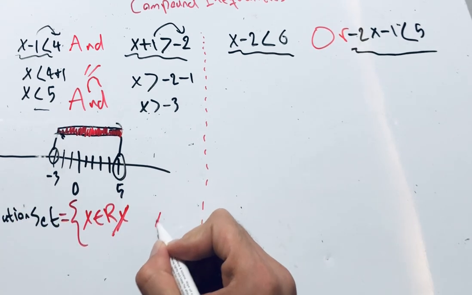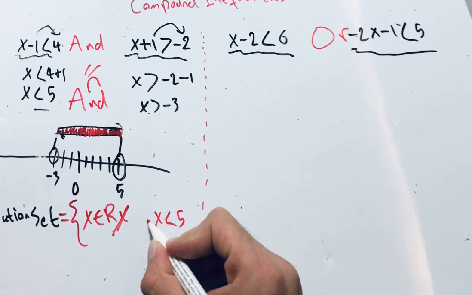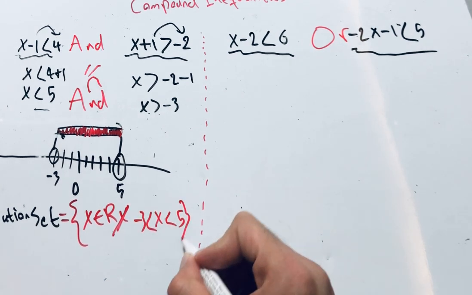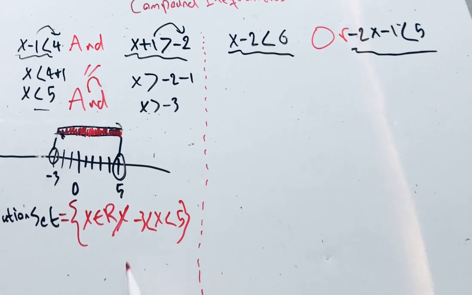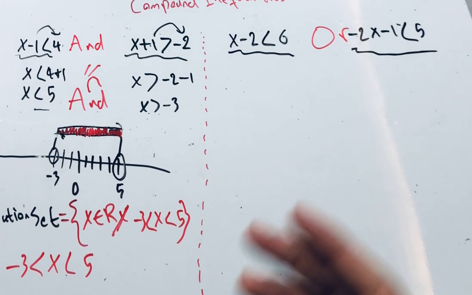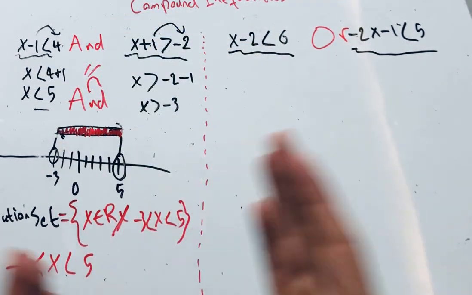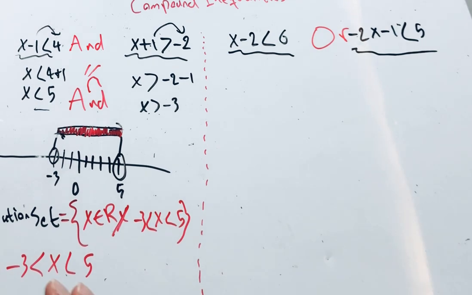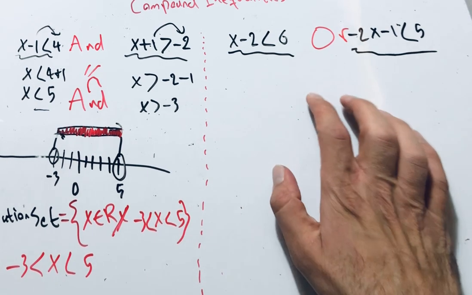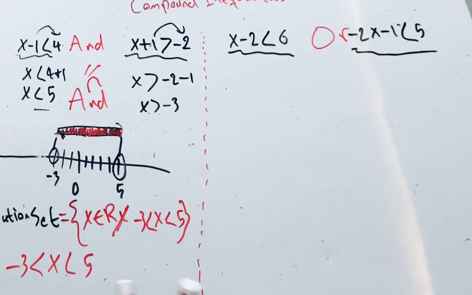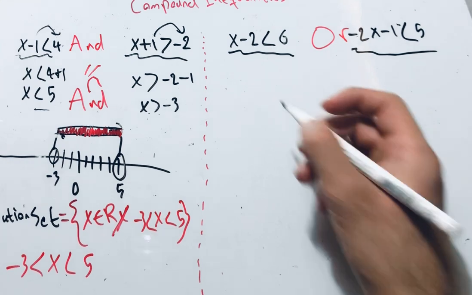So I can say x less than 5 and greater than -3, or without all of this, you can just say x between -3 and 5, and this is the solution set where x is a real number. You see the difference? You're just choosing what is common between the two arrows. You don't go to the right side and left side non-stop. So let's go to the second example and observe what's the difference.